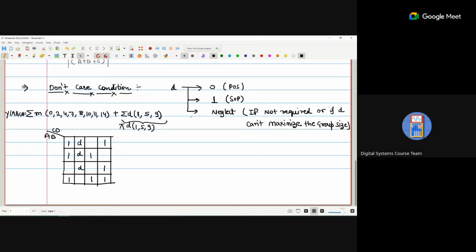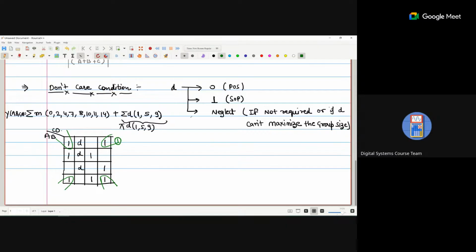Okay, so first we check the group of ones. We create a group of ones. One group is the corner: one, two, three. Okay, so this is my group one.